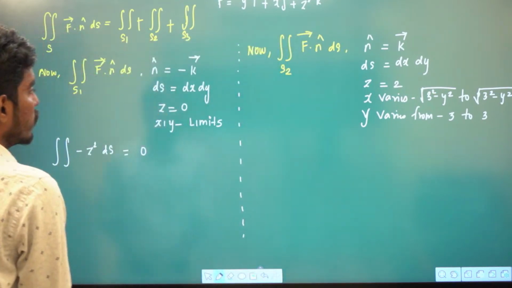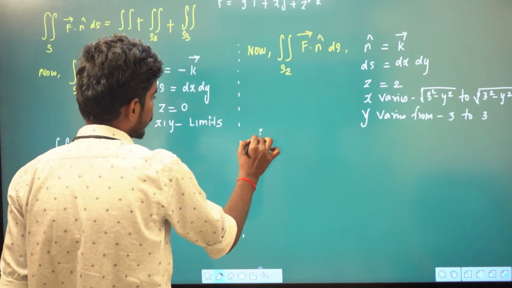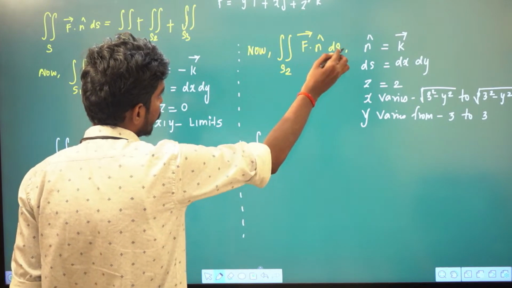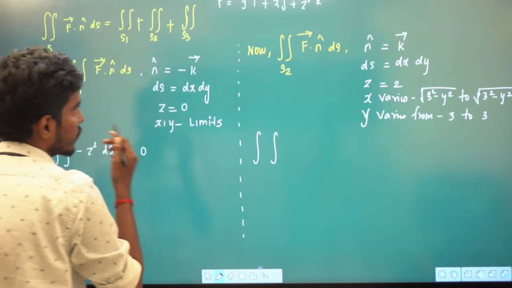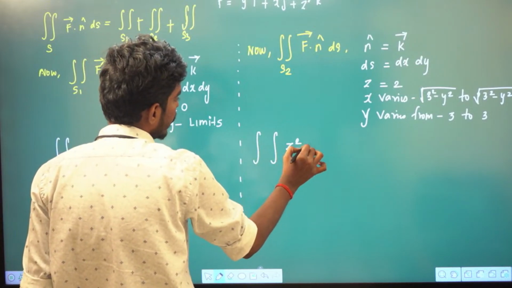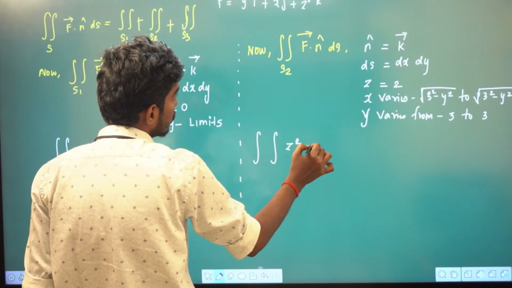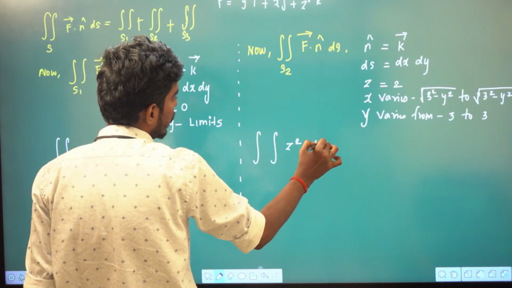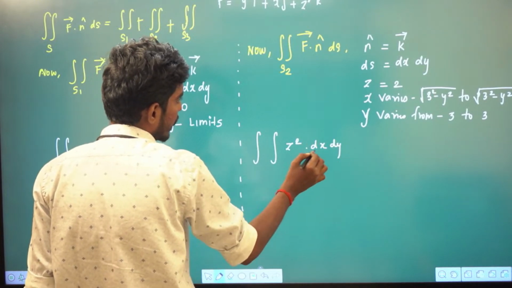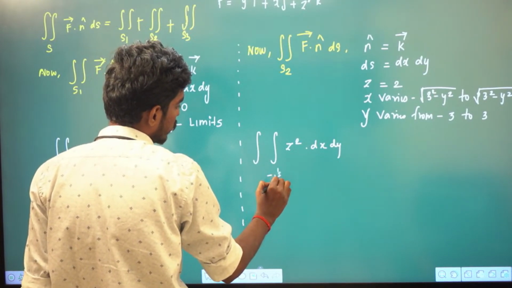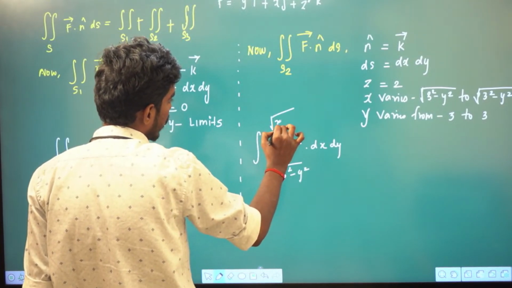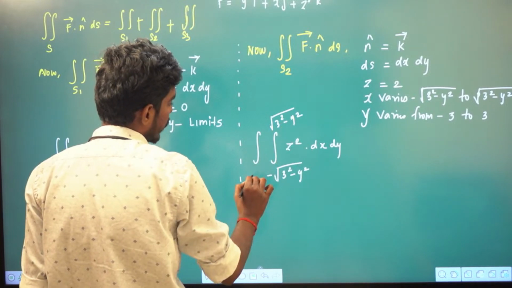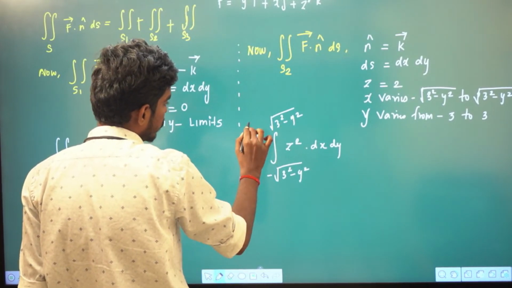So therefore, now what is F vector dot n cap? So z square into k vector, which is nothing but z square dx dy, with x varying from minus square root of 3 square minus y square to plus square root of 3 square minus y square, and y varying from -3 to 3.